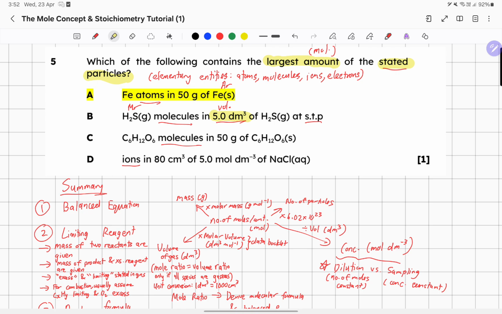And if you're only given the volume, what you should do is to find the molar volume, the volume of 1 mole of gas, and they say it's at STP over here. So at STP, it will be 22.7 dm cube per mole. Okay, so that's the molar volume, and this is at STP.